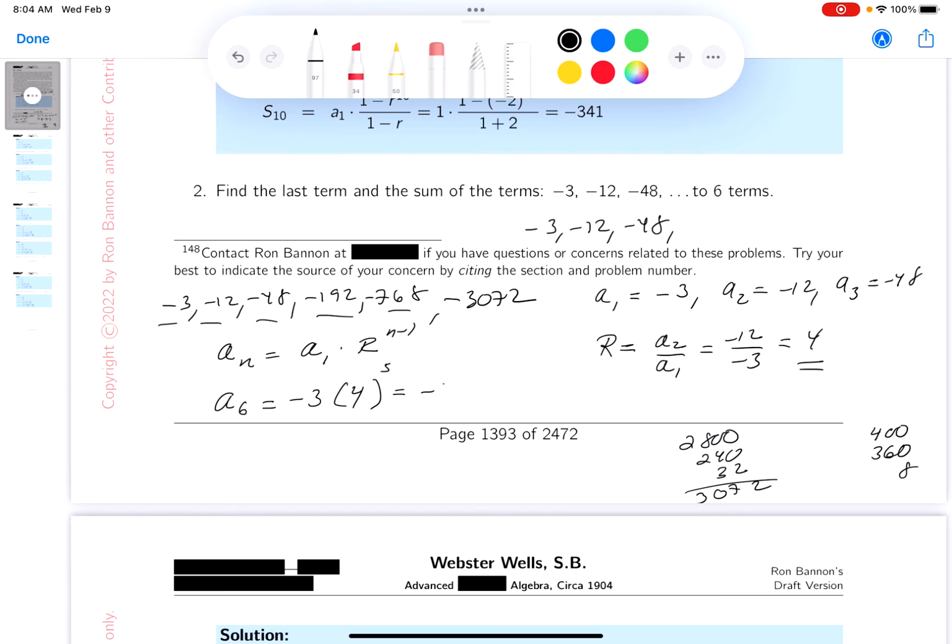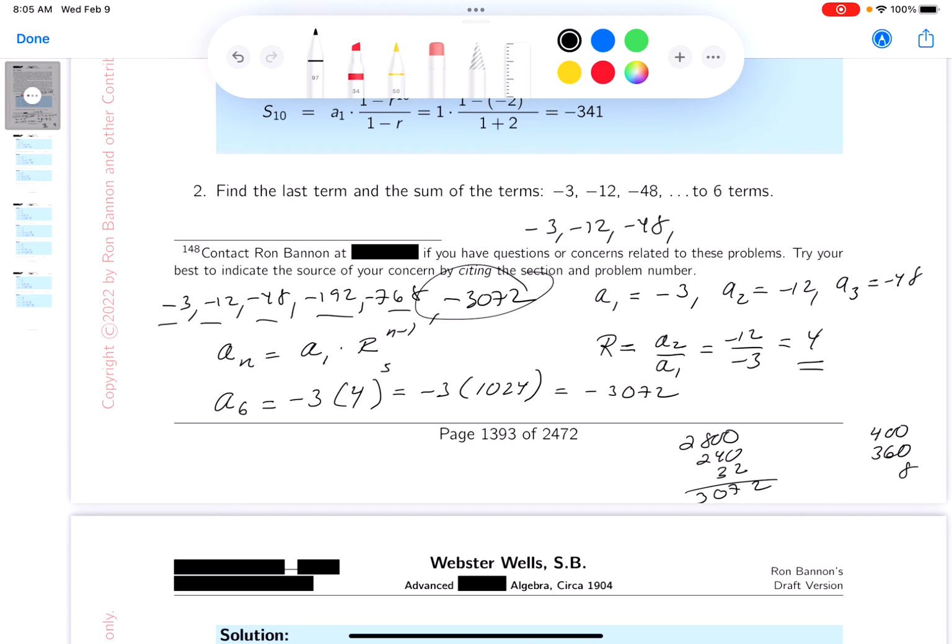It's going to be minus 3 times 1,024. 4 times 4 is 16, 64, 256, 1,024. That's not bad. So minus 3,000 and 72, that's minus 3,072.